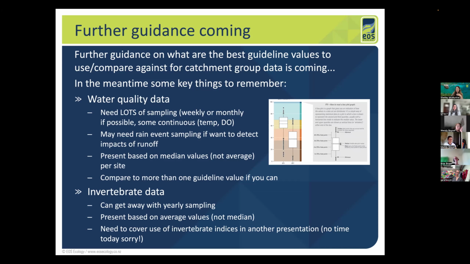So when monitoring those communities, you're seeing the effects of their 12-month or so life cycle on those communities. That's why you don't need to do it as often. Water quality you have to do more often and it chops and changes a lot, whereas for invertebrates, using the averages is more suitable than the median.